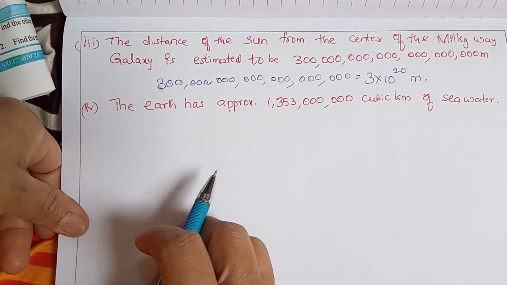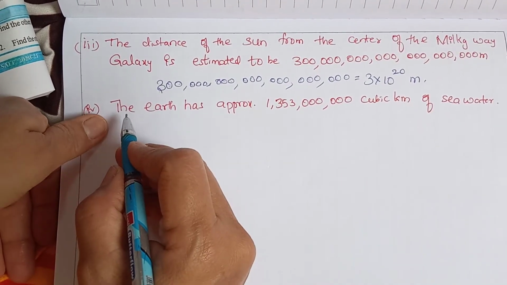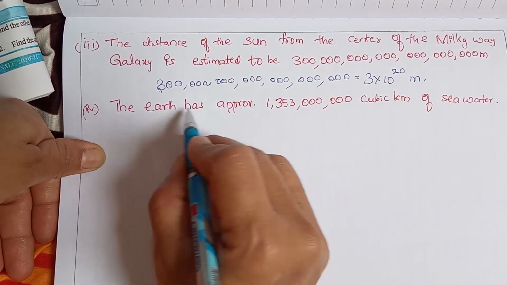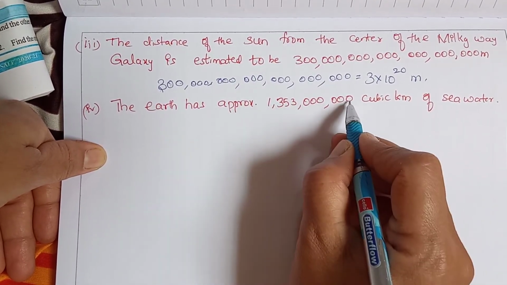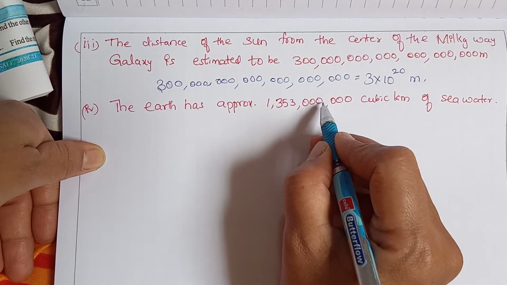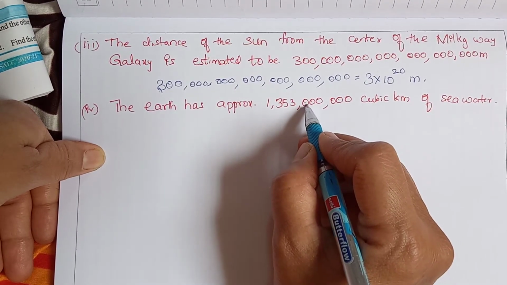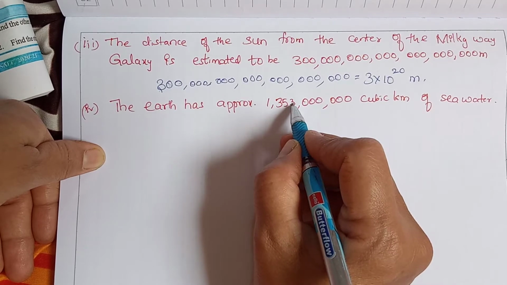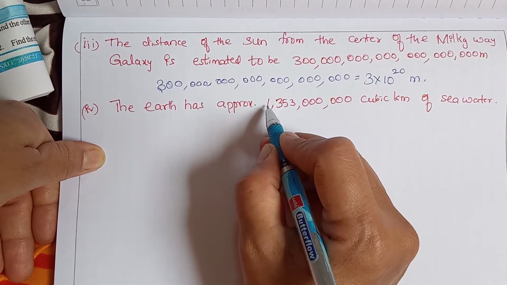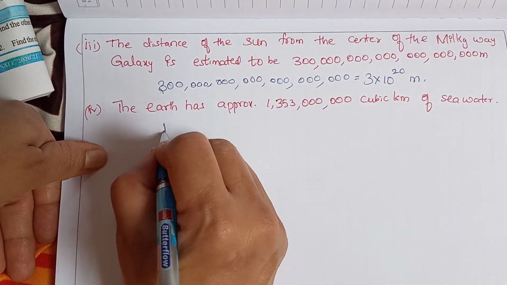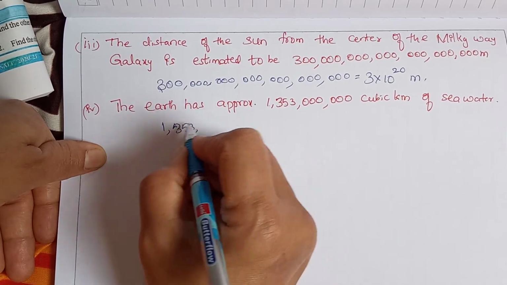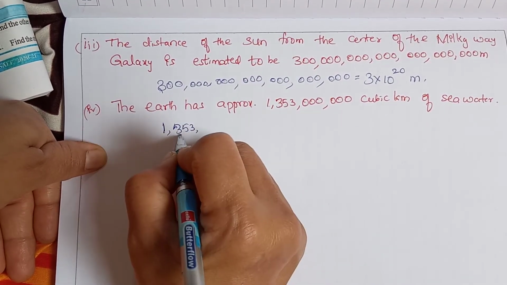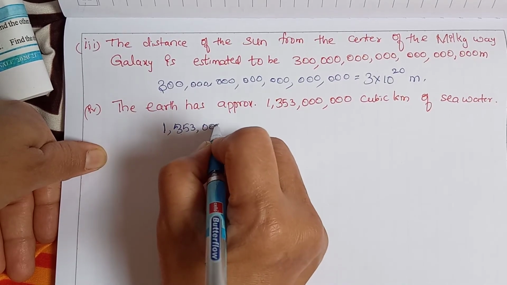Not only the exercise, it's the last question of the chapter also. The earth has approximately 1 million units, tens, hundreds, thousand, 10,000, lakh, 100,000, million, 10 million, 100 million, billion. So 1 billion 353 million.